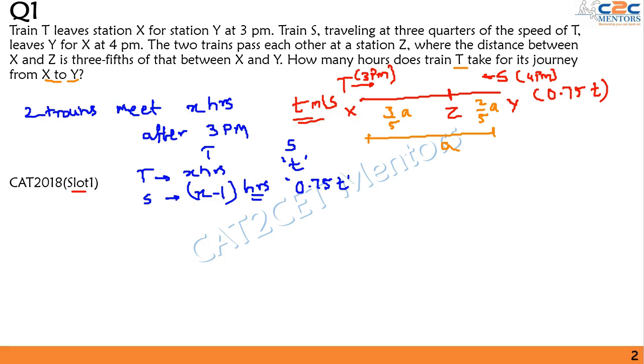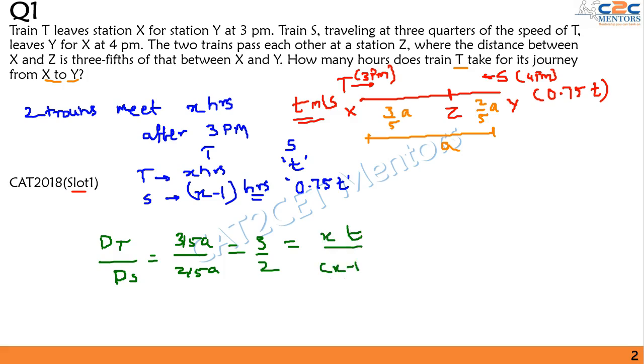Distance of train T upon distance of train S is equal to 3/5 of A that we have plotted on the diagram, and this is 2/5 of A, that is nothing but equal to 3/2. And if I substitute the basic formula for distance, that is speed multiplied by time, this is equal to X multiplied by T upon X minus 1 multiplied by 0.75 T. So this is our equation number 1.